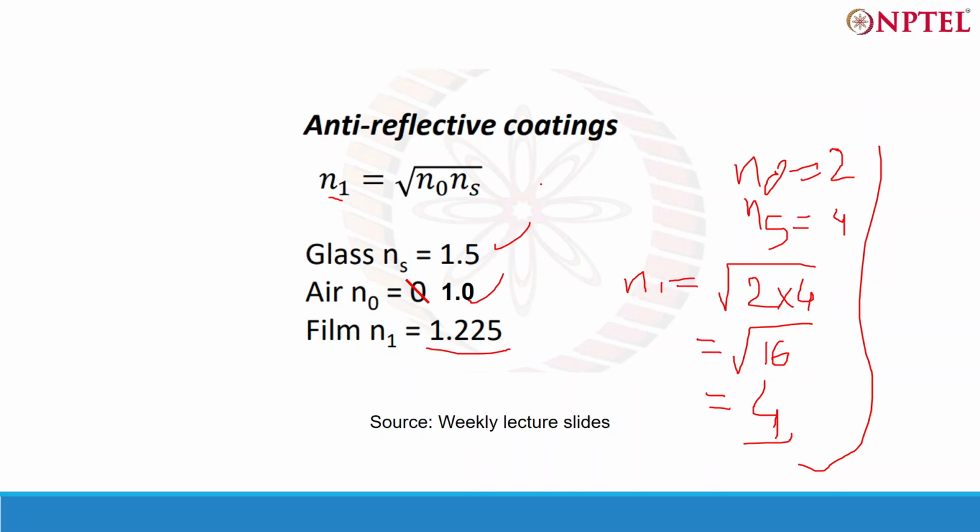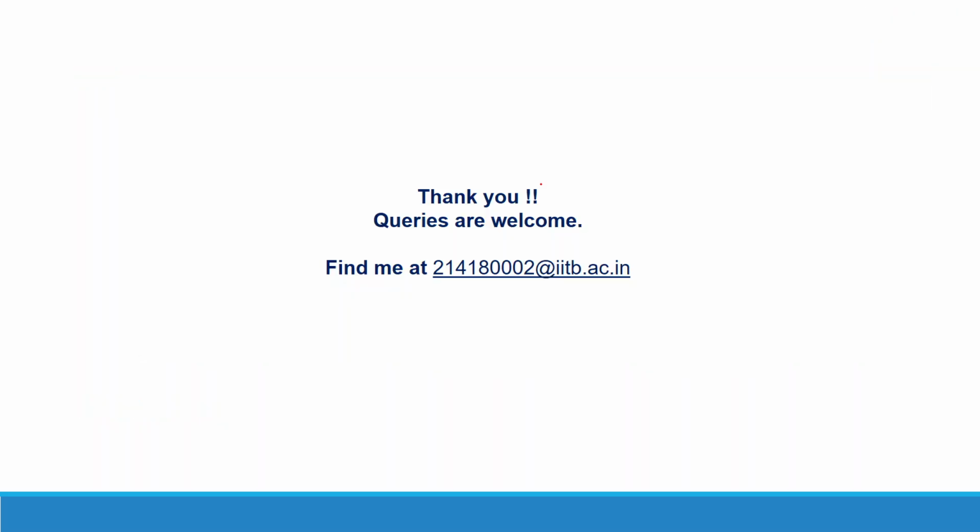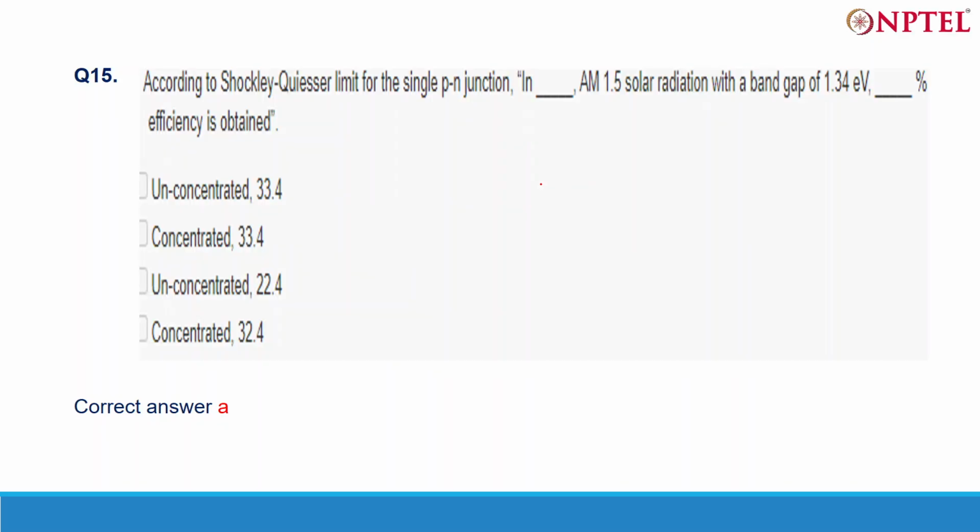Okay, so no questions. Let's move to the last question now. According to the Shockley-Queisser limit for a single p-n junction under AM 1.5, air mass 1.5, solar radiation, with a band gap of 1.34, what percentage efficiency is obtained?